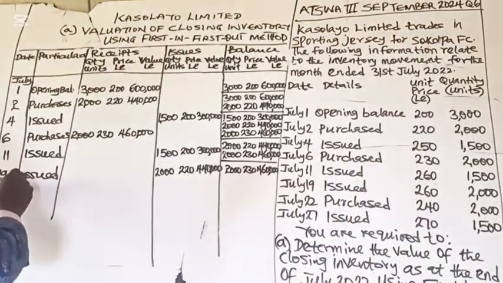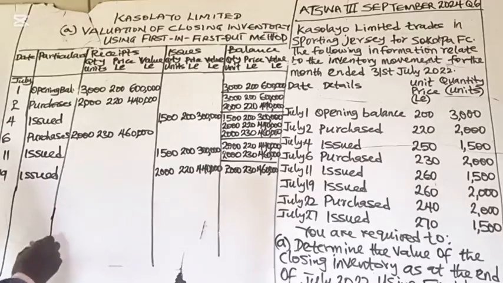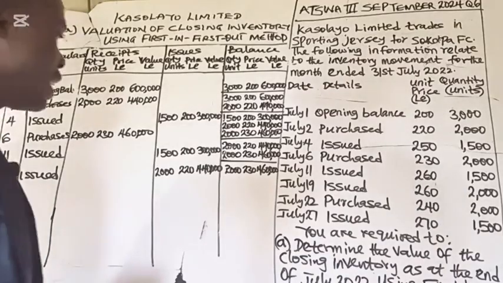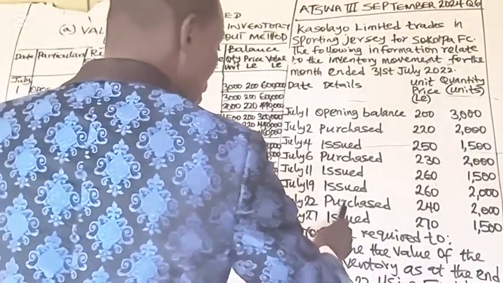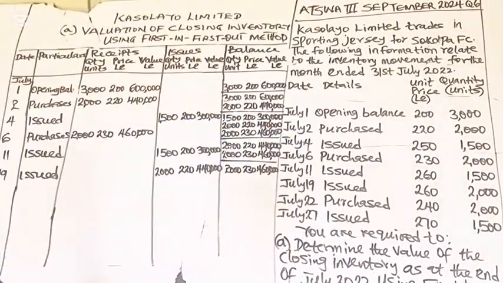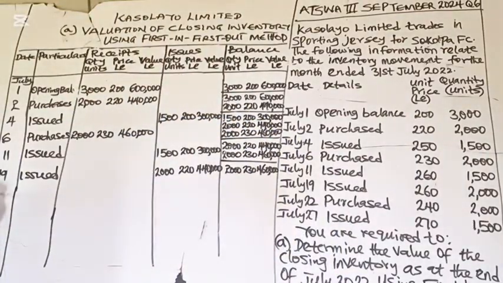After the 19th of July, the next item was the purchase made on the 22nd of July. We have purchased July 22nd.